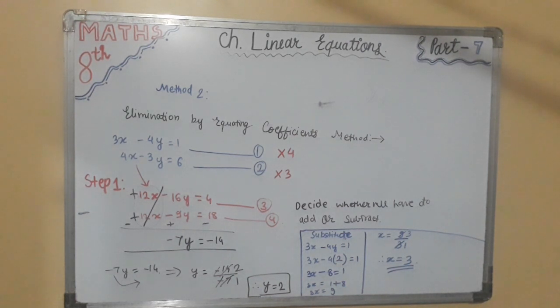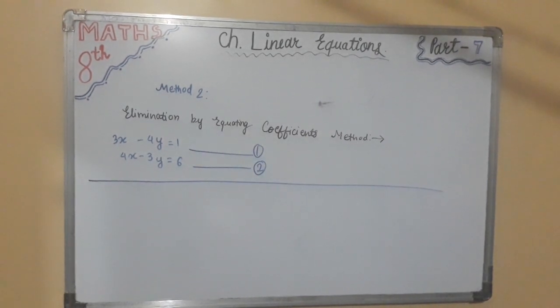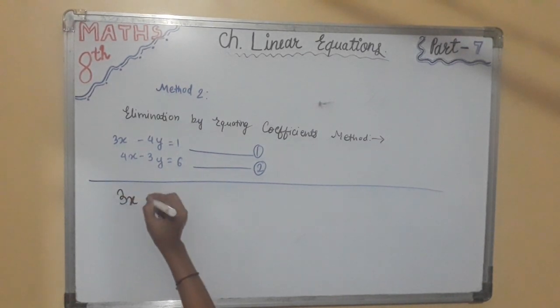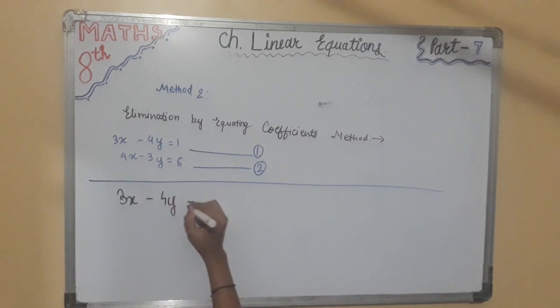After that, for cross checking, we'll put the value of x and y in the first equation, to check whether our answer is correct or not. So now we will put values. 3x minus 4y is equal to 1.